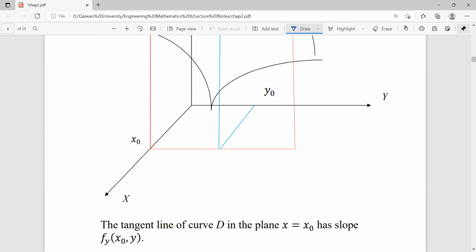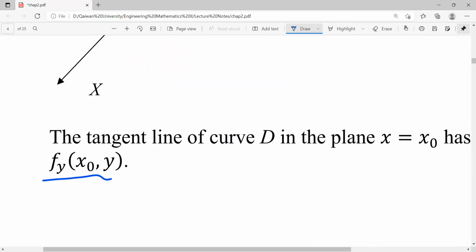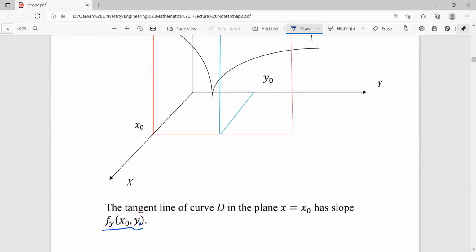The yz plane. And the slope of this tangent line equals f sub y at x naught, y naught. This is how to find the slope of the tangent line to a surface.